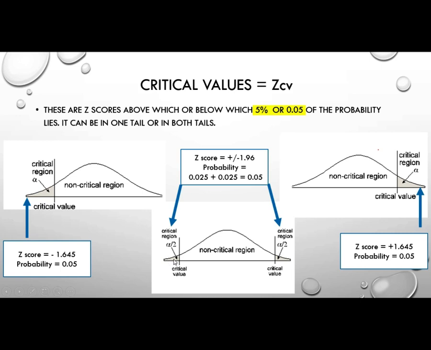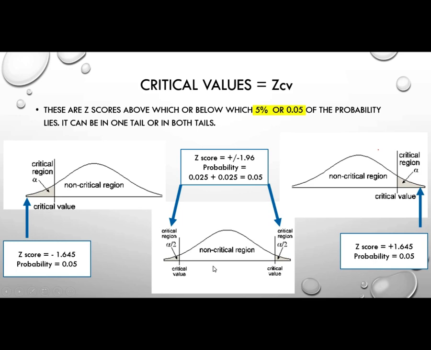The critical region can be 0.025 over here to the left and 0.025 over here to the right. That means any z-score that lands in this non-critical region is not considered significant. But if it's found over to the right or over to the left, it's considered significant.